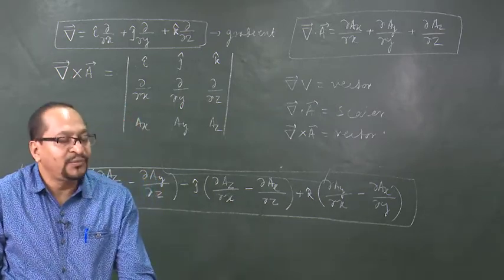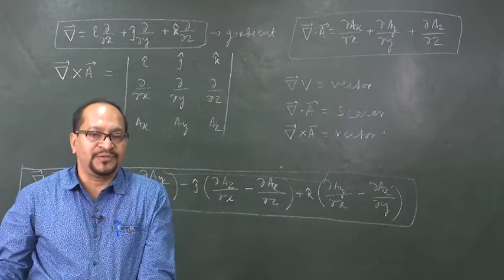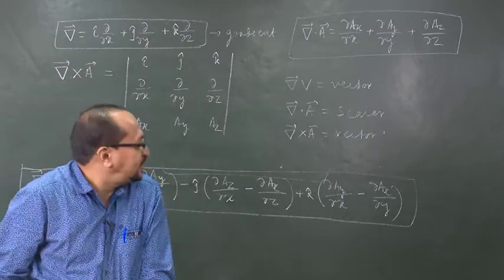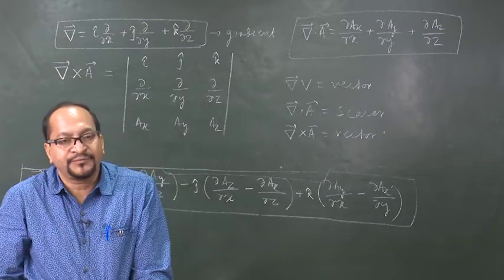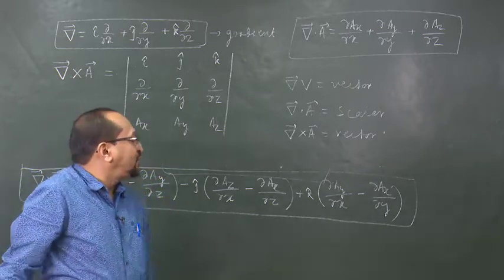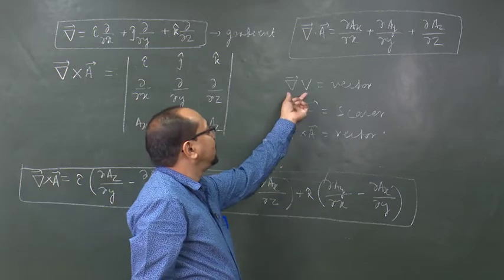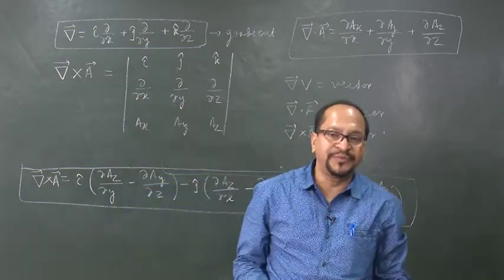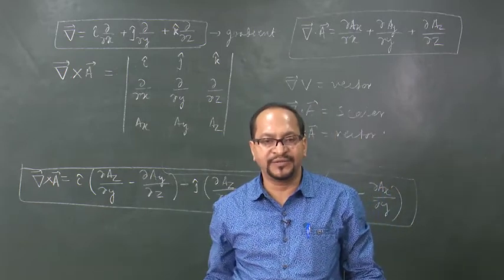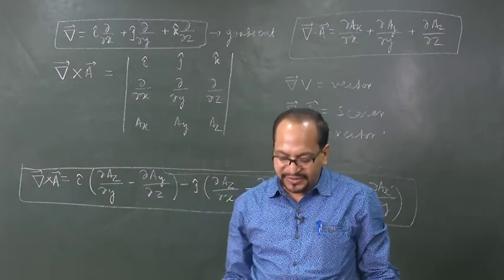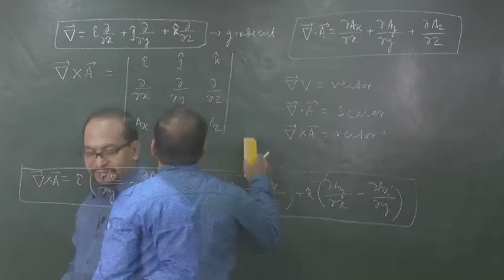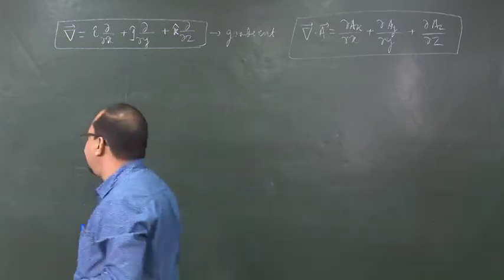and we can have double operations also on these three quantities. So, we can have this gradient, which is a vector, and we can have a divergence of a vector and of course, curl of a vector also. So, let us take this double operation. What are the possible double operations?